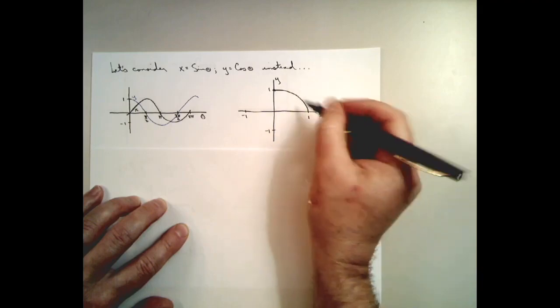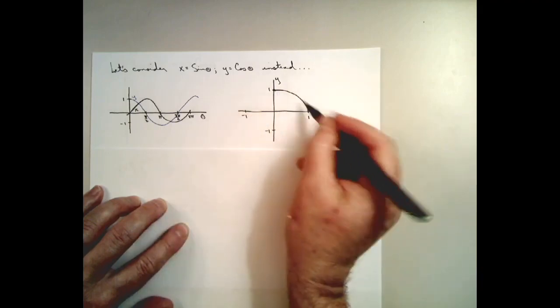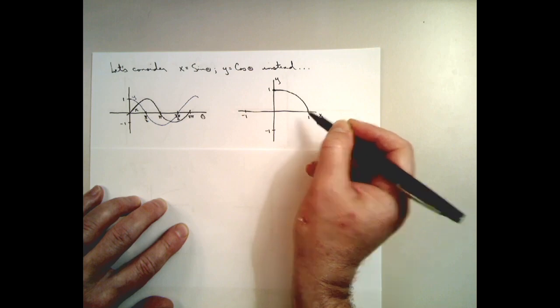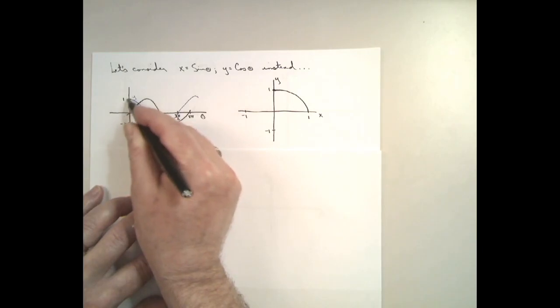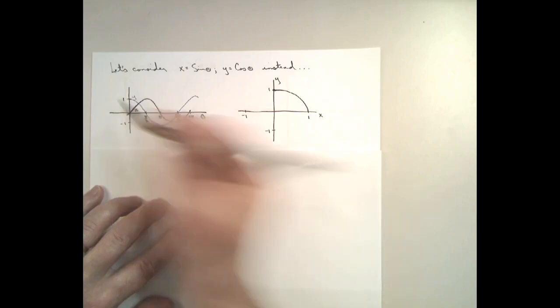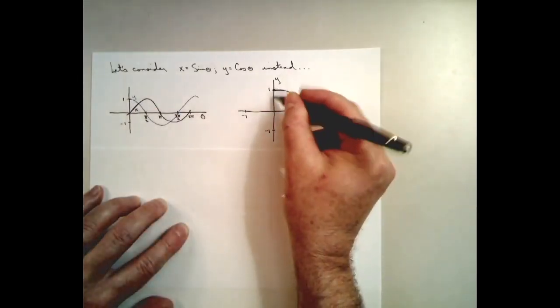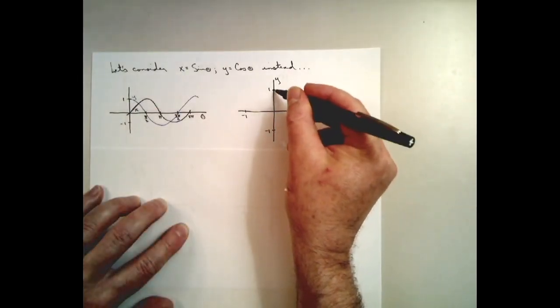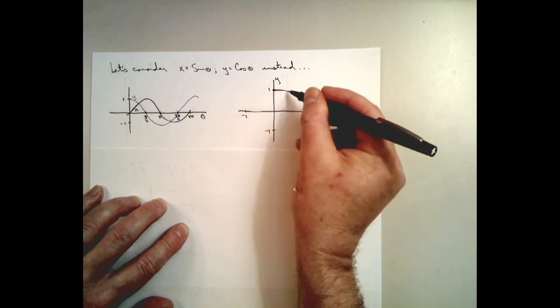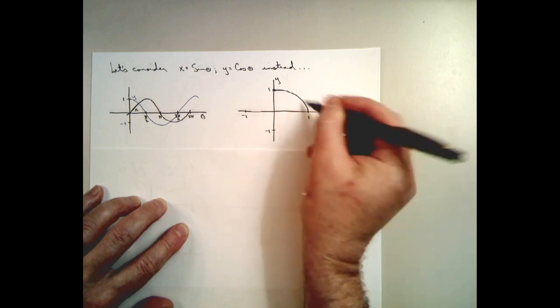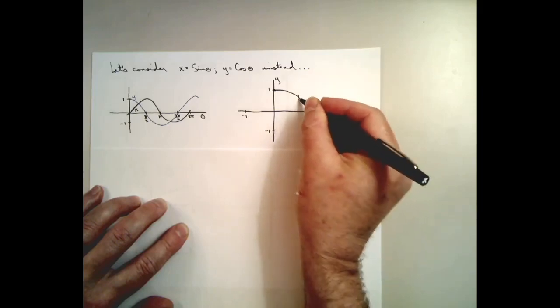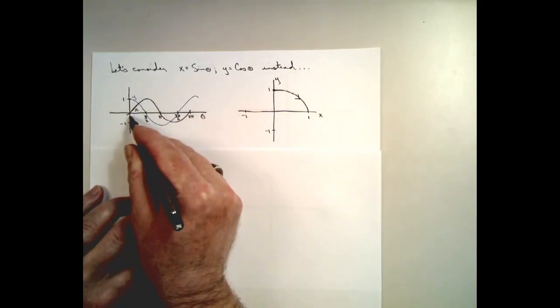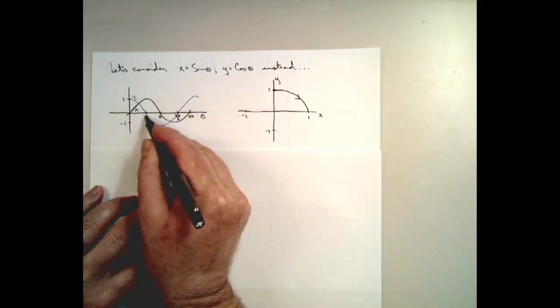Again, I know that that's going to be the type of concavity of my curve because x now is changing at a faster rate than y is. Y is changing at an instantaneous rate of 0 when we begin. And so my vertical distance is not going to be changing much, but my horizontal distance is going to be changing more. And so that's going to force that sort of a curve. And this is the direction I'm heading as I move from 0 to pi over 2.